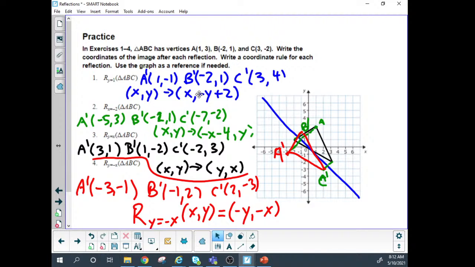Okay. So remember the key here is that the line of reflection is the perpendicular bisector to the line segments connecting corresponding vertices. The line of reflection, in this case the blue line, is the perpendicular bisector to the lines connecting corresponding vertices.